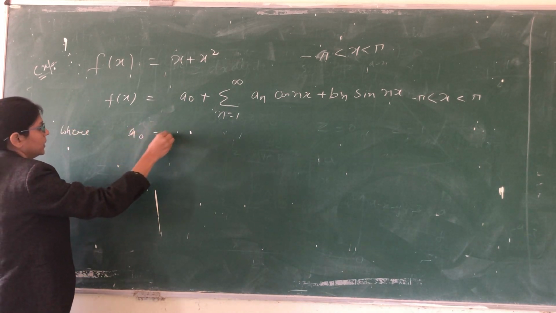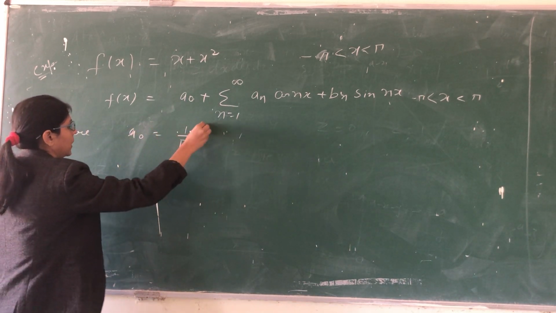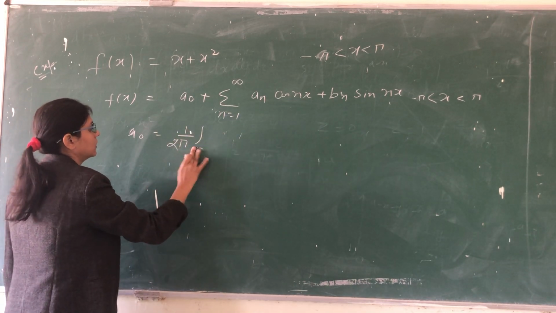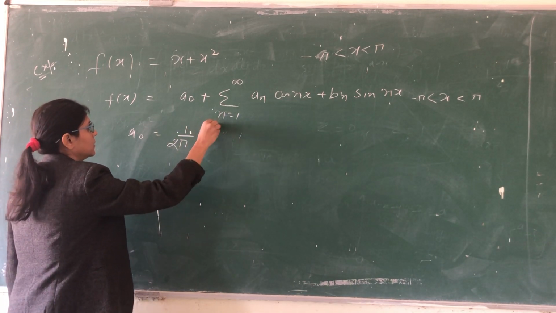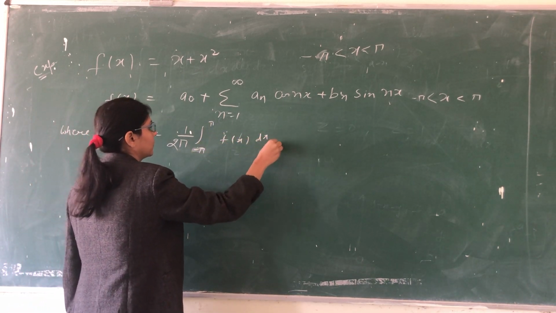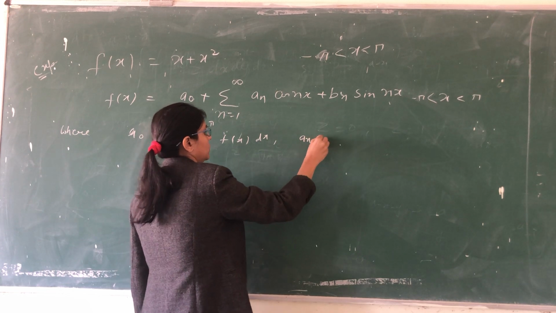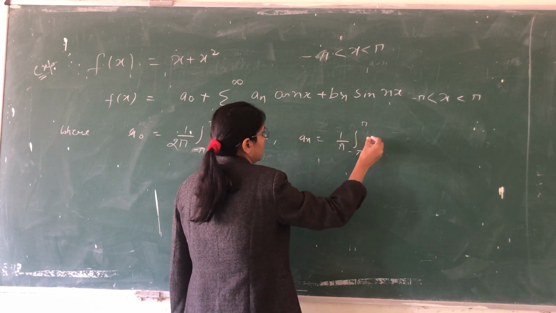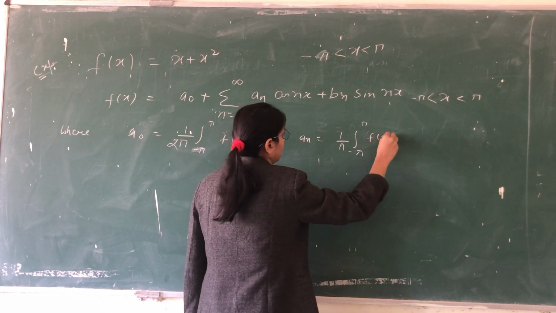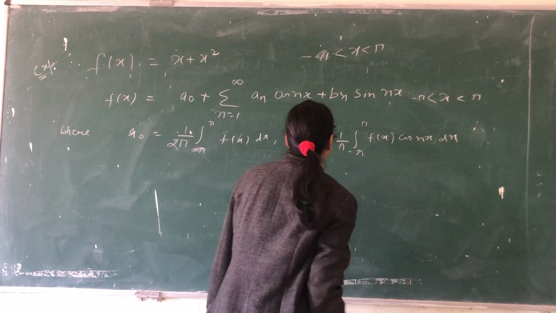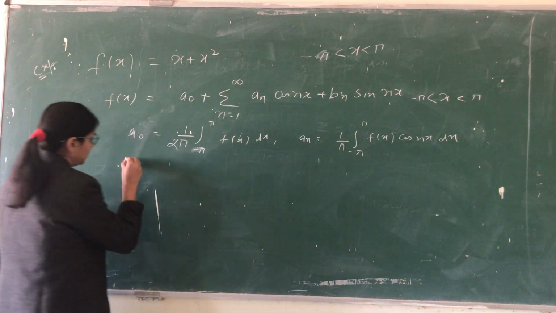Where a0 is 1 upon 2 pi integral minus pi to pi f of x dx, an equals to 1 upon pi integral minus pi to pi f of x cos of nx dx, and bn is what?